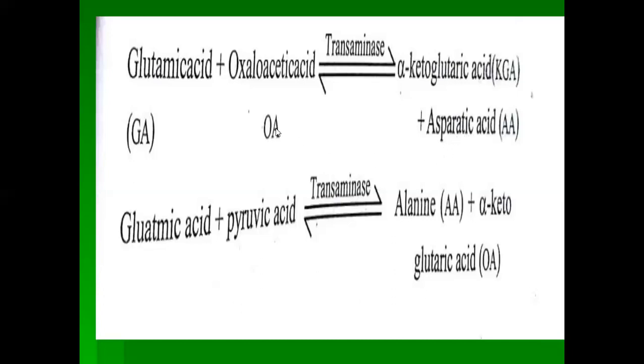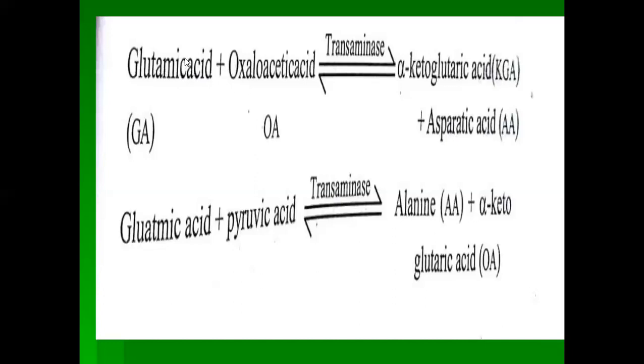For example, glutamic acid is converted into aspartic acid. These two are amino acids. Glutamic acid is one type of amino acid, and aspartic acid is also one type of amino acid.